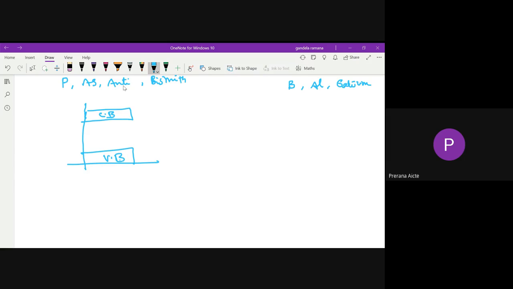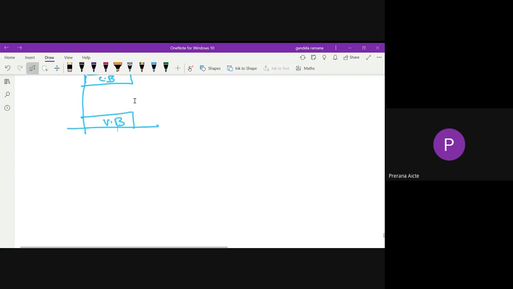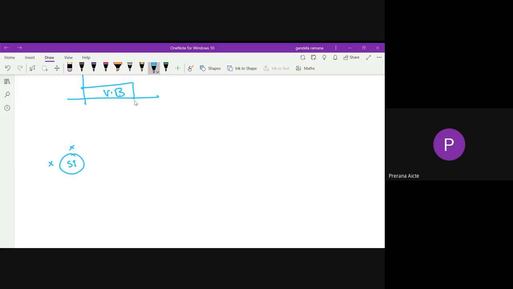So already we have seen the structure of silicon, the valence is 4. When a fifth group element is taken, that means 5 valence electrons are there.